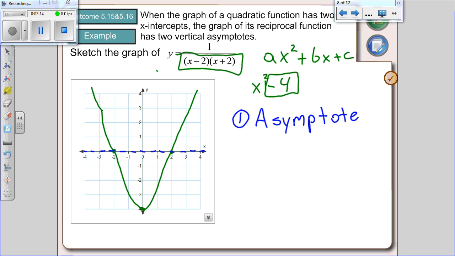Sorry, we're not on step 2 yet, I just mixed up my words there. Where are they? What are those called? They're at your x-intercepts. So if you look at your x-intercept, it's right there. That is a vertical asymptote. And you have another one over here.